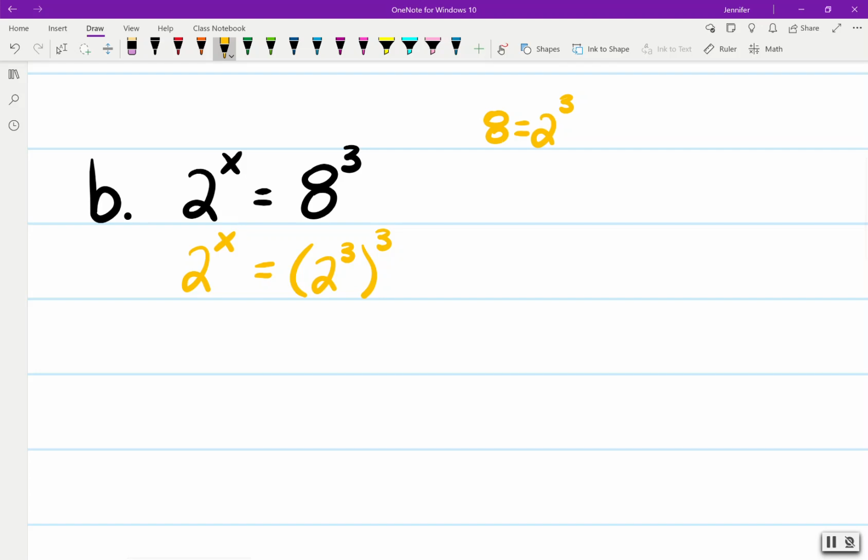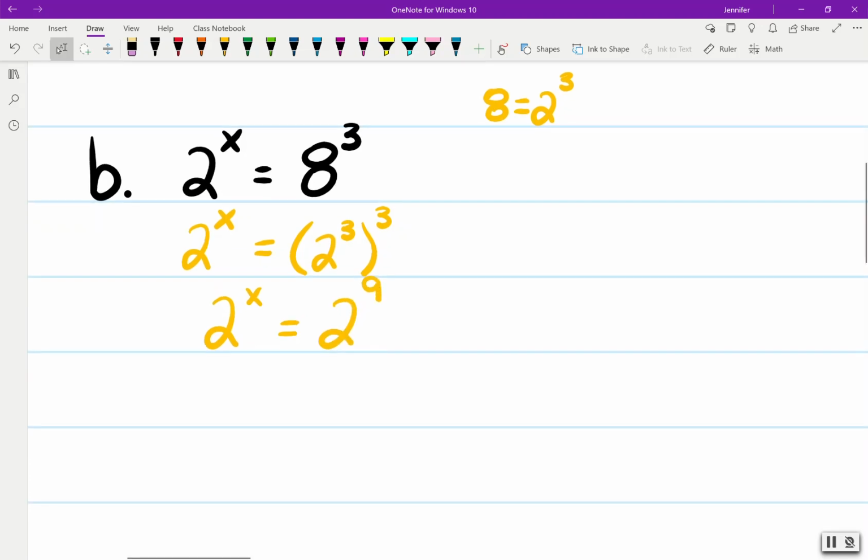Do I add, subtract, multiply, or divide them? We're going to multiply them. Good. So I have 2 to the x, which is equal to 2 to the 9th. So a power to a power, 3 times 3, we're going to multiply them.